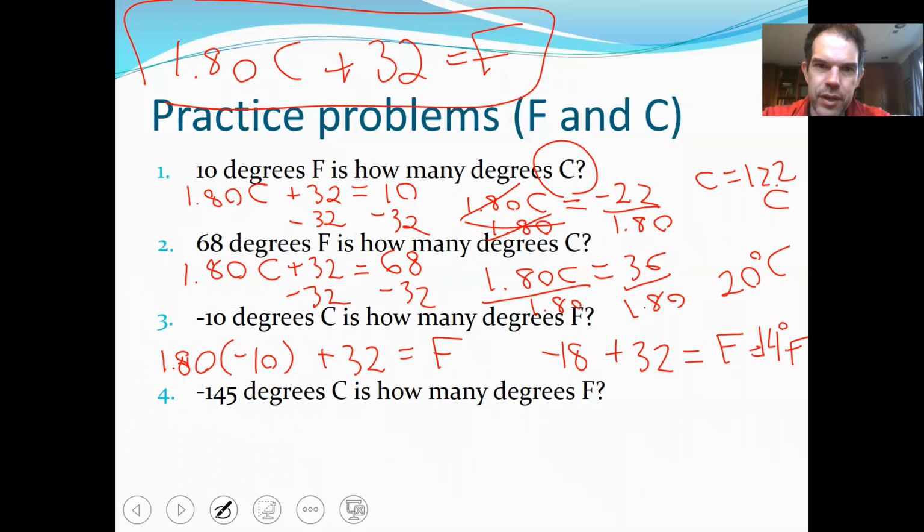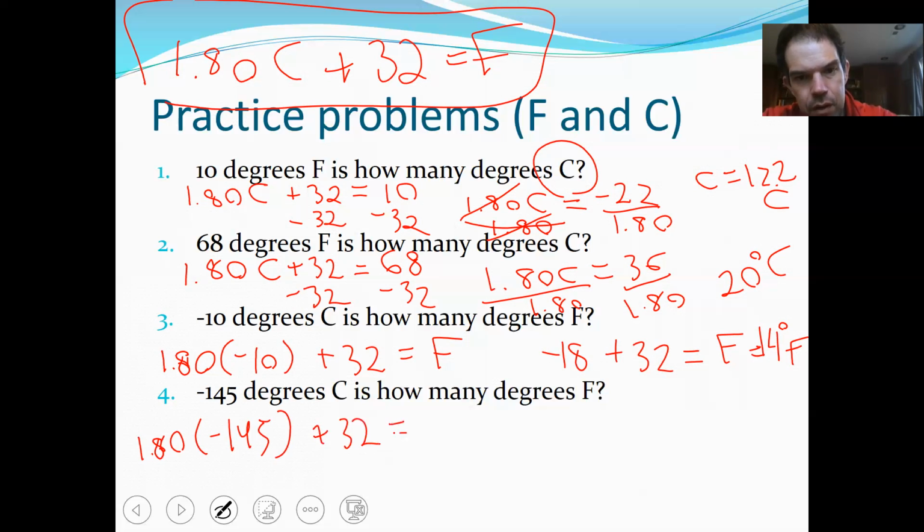So, okay. Now, in this one here, you paused it, you try it yourself. So it'll be 1.8, that'd be negative 145 in here, and plus 32. Okay.